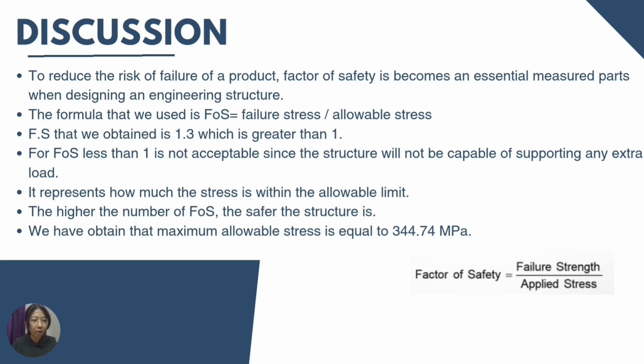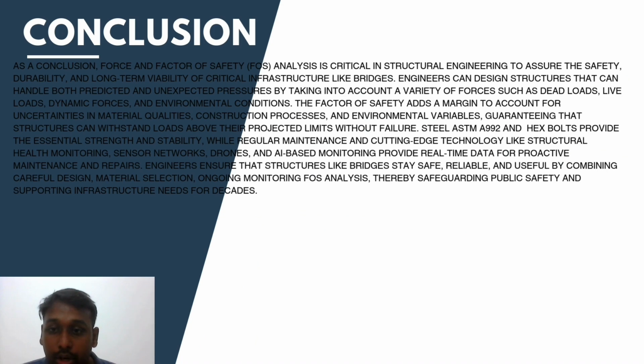The factor of safety represents how much the stress is within the allowable limit. The higher the FOS, the safer the structure is. We have also obtained the maximum allowable stress of the structure, which is equal to 344.74 megapascal.